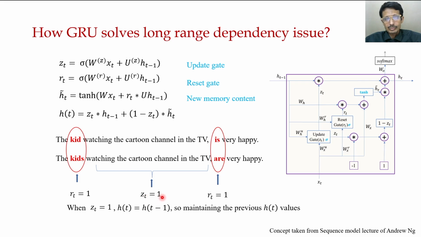If z t is 1, this h t is remembered for this particular contextual relation, or this long-range dependence. In this way, this gating mechanism helps GRU to model this long-range dependence.